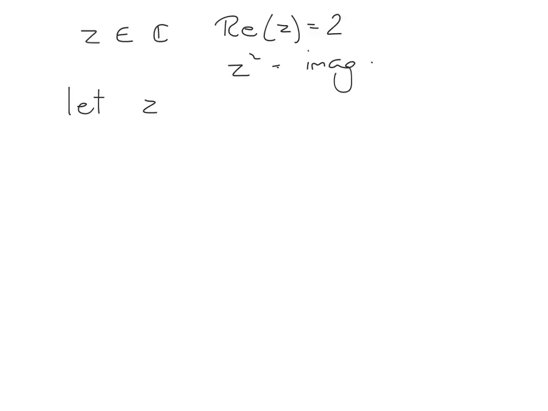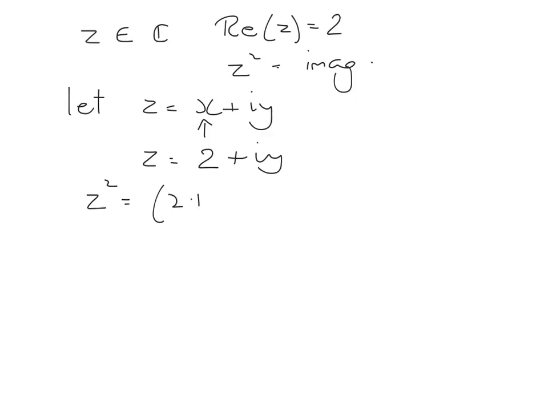If z is in the set of complex numbers, and we know that the real part of z is 2, and we know that z squared is imaginary, then if we let z equal x plus iy, then we know that the x has to be 2 because that's the real part, so z equals 2 plus iy. But we want to have a look at z squared.